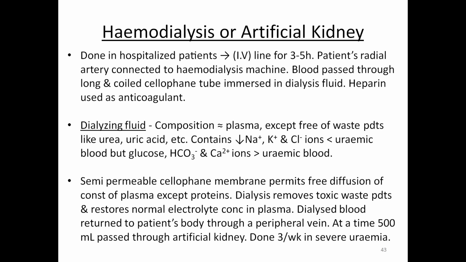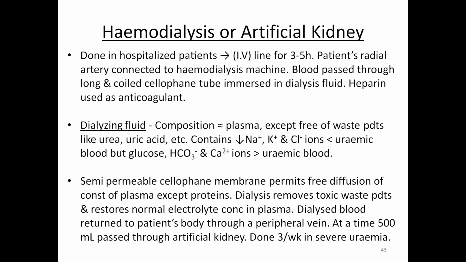Now, what is the procedure? So the hemodialysis machine is also called the artificial kidney. Hemodialysis is done in a hospitalized patient through an IV line for 3 to 4 hours. During hemodialysis, the patient's radial artery is connected to the hemodialysis machine.